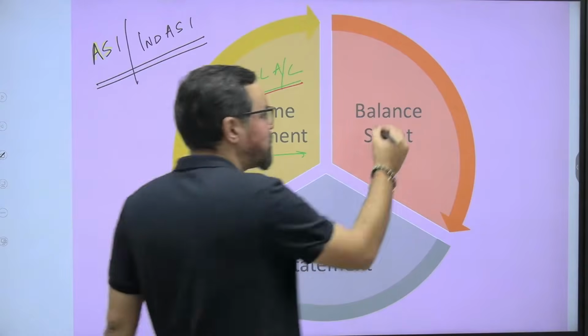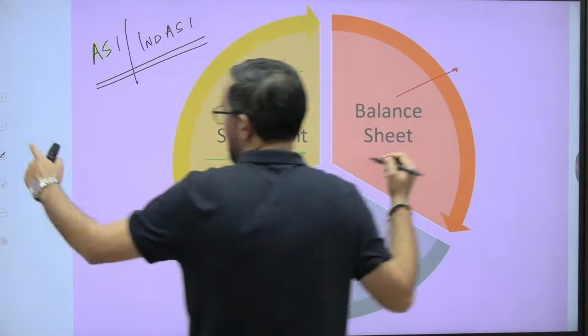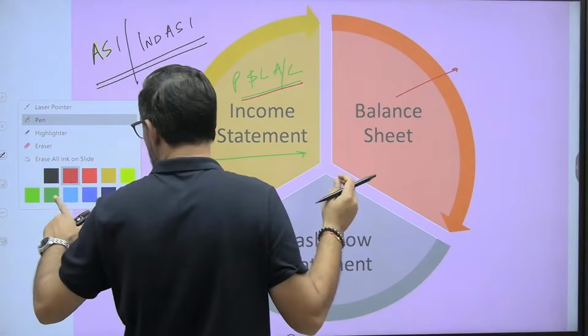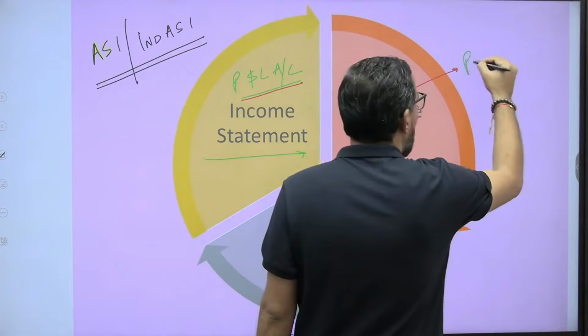Another one is the balance sheet, also known as the position statement.